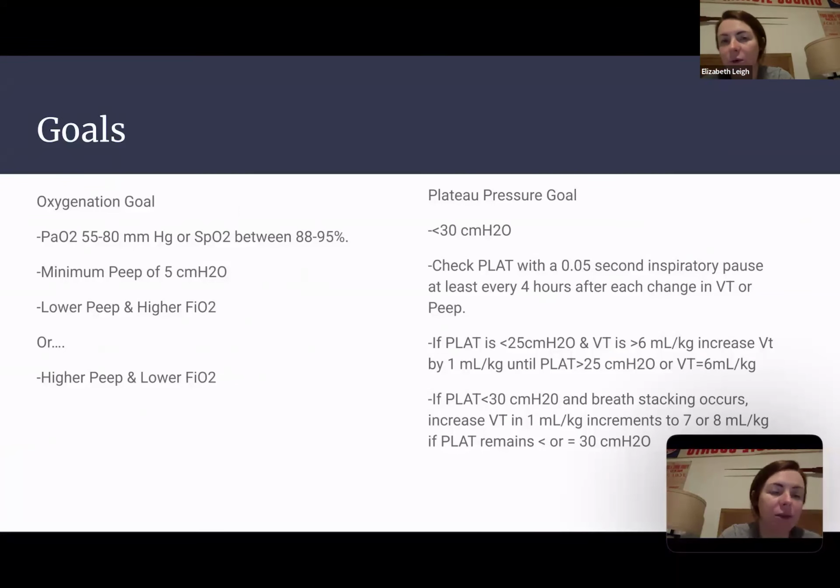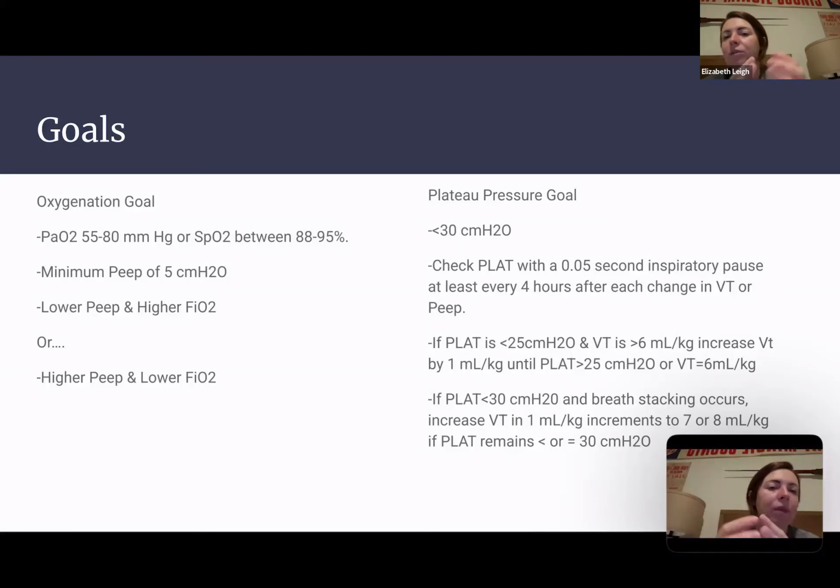Okay, so here are some of the goals. For the oxygenation goal, we have a PaO2 of 55 to 80 millimeters of mercury, or an SpO2 between 88 and 95%. Because with ARDS you think stiffness in the lungs, right? We have fluid in the alveolar sacs and decreased compliance.